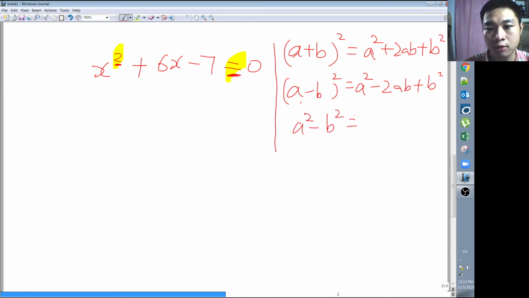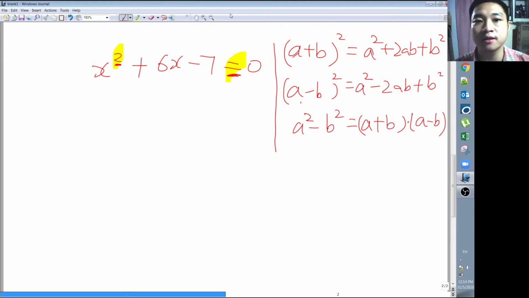You have to memorize them so that you can do questions, especially algebra questions. By the way, over here is times. These are the three formulas you need to memorize before you can do algebra questions.